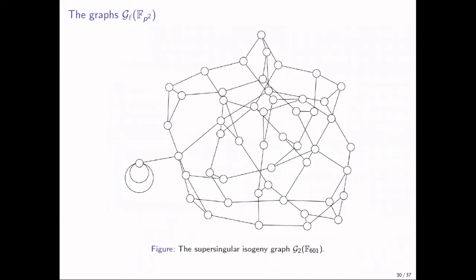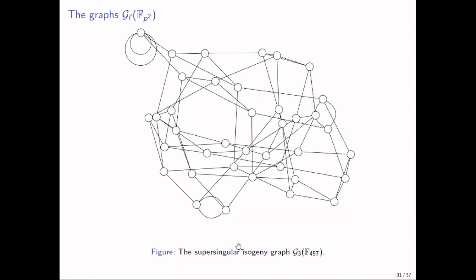And so here we have some pictures, and as you can see, it looks nothing like the graphs that we saw before. And it's not just because I didn't draw it nicely, but you can see you have some loops, you have some cycles. Every now and then there is a double edge. So this is the 2-isogeny graph.